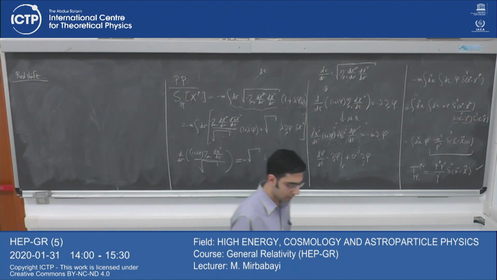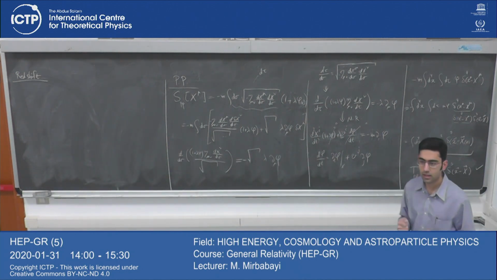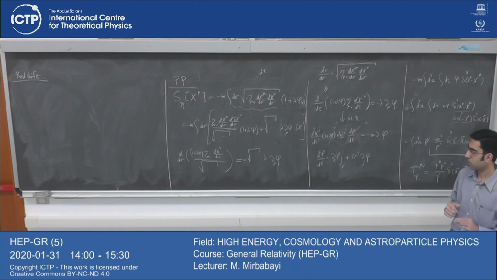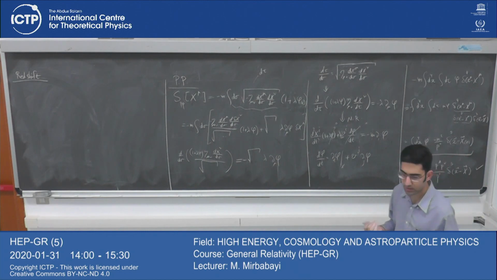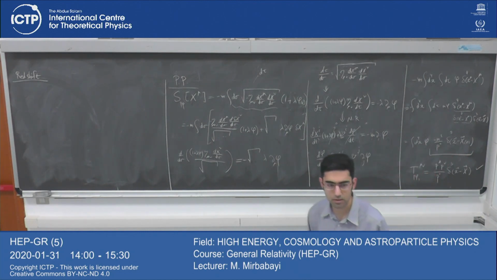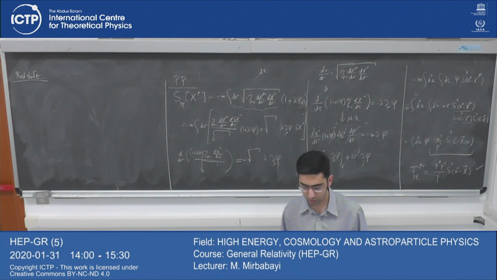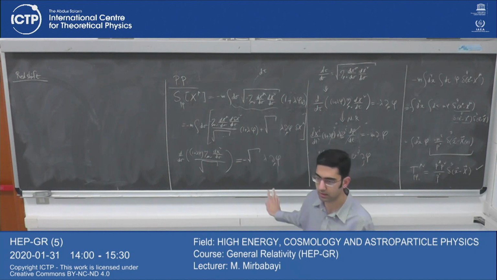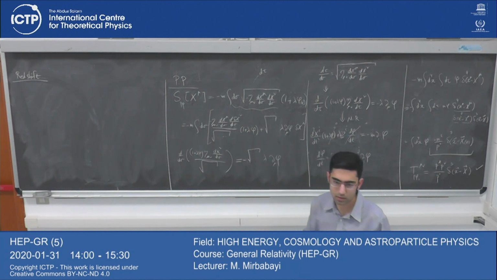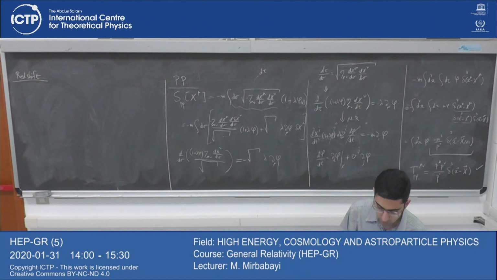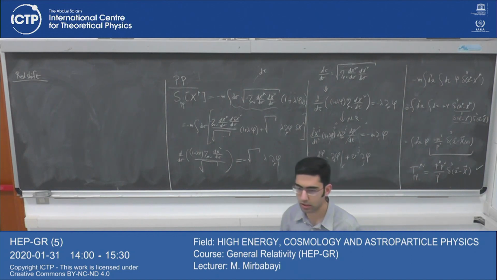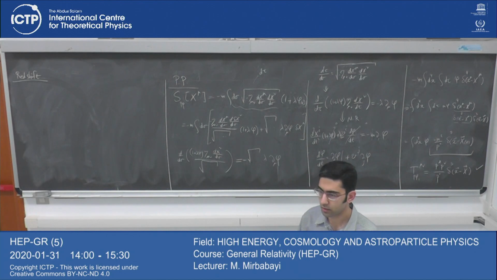Then we talk about the bending of light. There will also be the precession of the perihelion of Mercury, which we don't talk about. But that's also something that could be a study for this theory, because it will give you some predictions or corrections on top of what you get in Newtonian gravity.